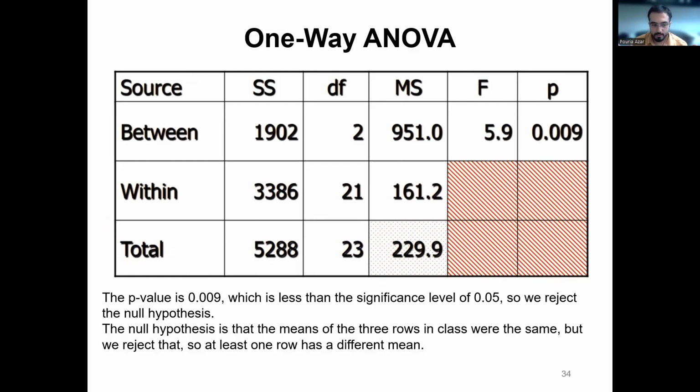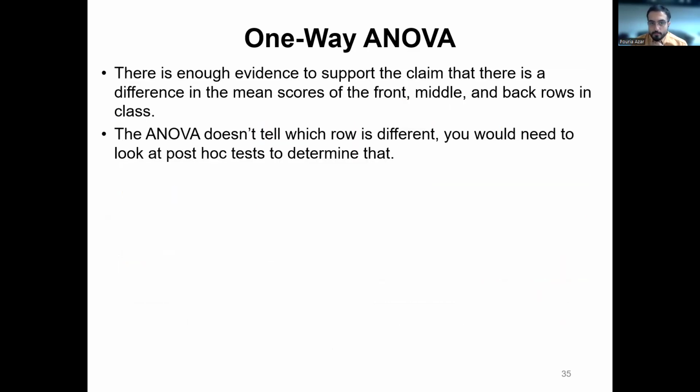We cannot say which row is different from another. We have to do an additional test procedure. But here we can at least say that at least one row has a different mean by looking at the p-value of the one-way ANOVA. So we can say there is enough evidence to support the claim that there is a difference in the mean scores of the front, middle, and back rows in class.